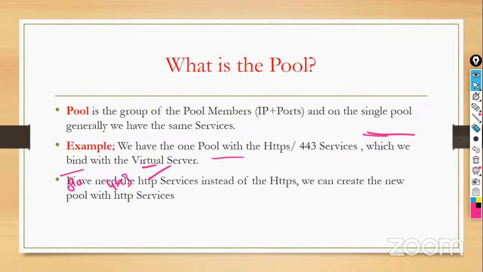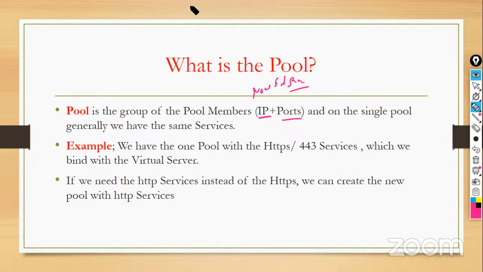And what is the pool? So a pool is the group of pool members, right? You see, IP means node IP and port means service, right? And on a single pool, generally we have the same service, right?